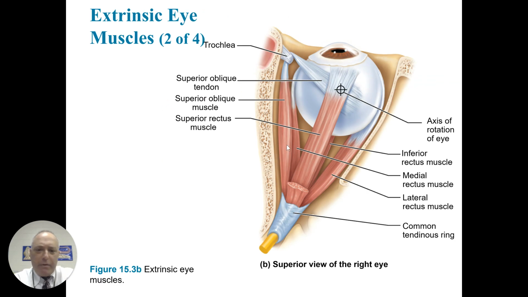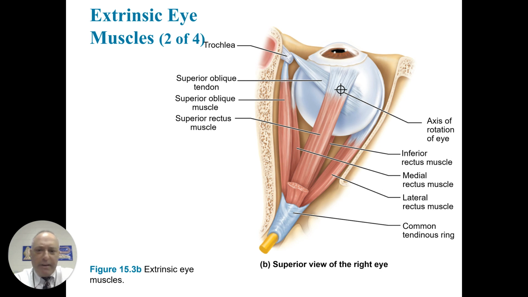Okay, just another view. We've got the superior rectus, so this is from a superior view, and the medial and lateral recti there, and then below we can just pick up a little bit of the inferior rectus.